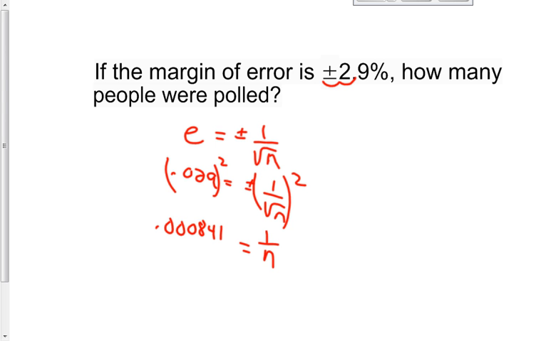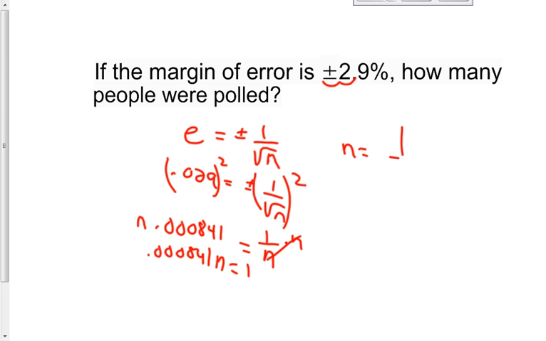Let's go back real quick. Now what I need to do is try to solve for n. So if I multiply by n on both sides, I have .000841n equals 1.